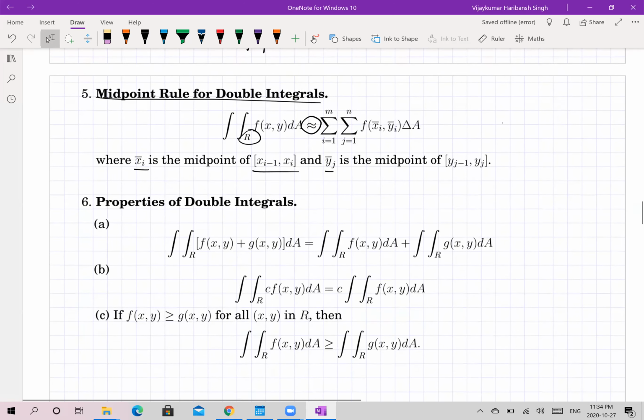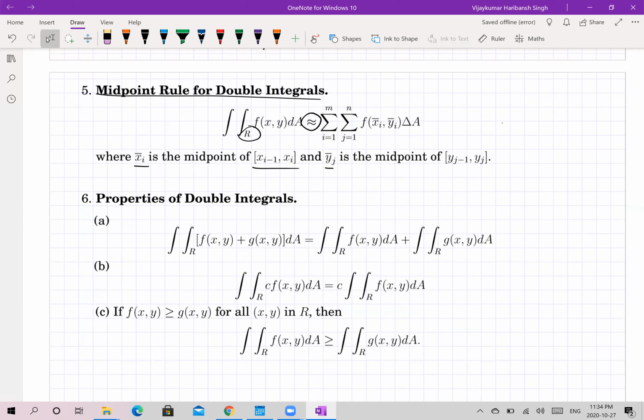Before that, I want to give you a few properties of this integral. These can be proved using the Riemann sum. Namely, the integral of f of xy plus g of xy is the same as the integral of f of xy plus the integral of g of xy over R. The integral of c times f of xy is the same as c times the integral of f of xy.